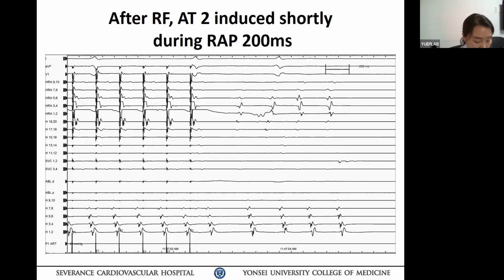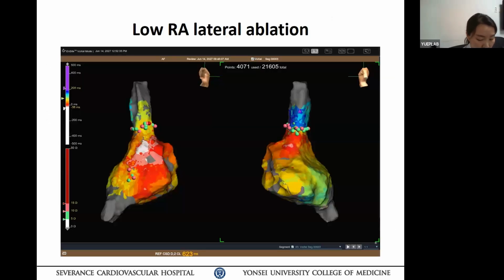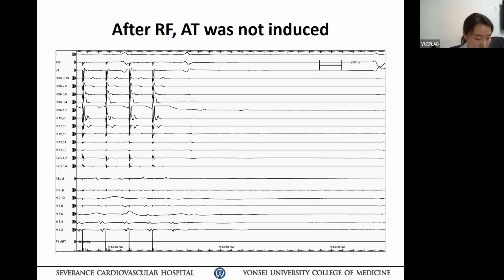After the first RF ablation at the SVC during the EP study, AT2 was induced shortly during rapid atrial pacing at 200 milliseconds, but did not sustain. We tried to reinduce, but it changed to AFib. So we performed a second ablation at the low RA lateral wall near the crista terminalis. After the second ablation, AT was not induced anymore.